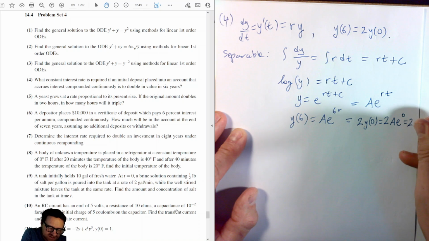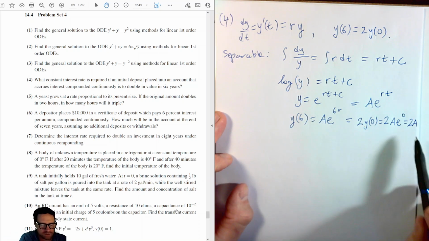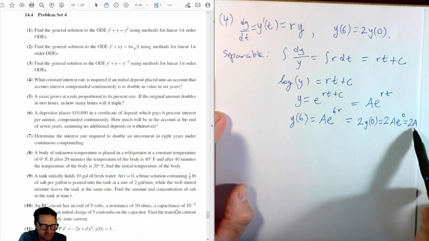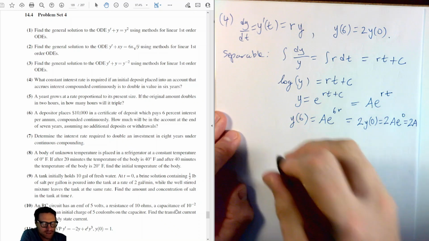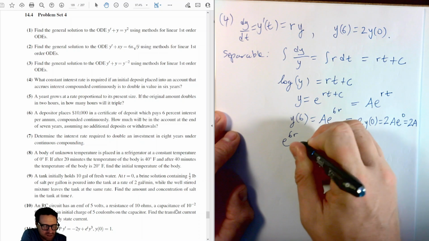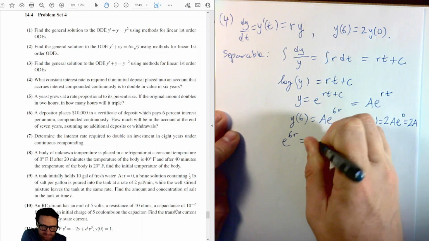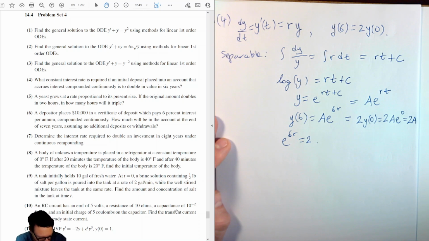And so this is just 2a because e to the power of 0 is 1. Okay, so this equals this. Let's divide both sides by a, assuming that a is non-zero. And so what we get is e to the power of 6 times r is equal to 2.